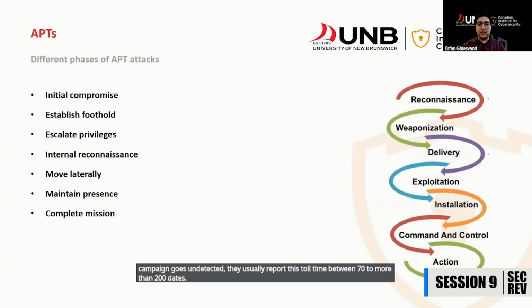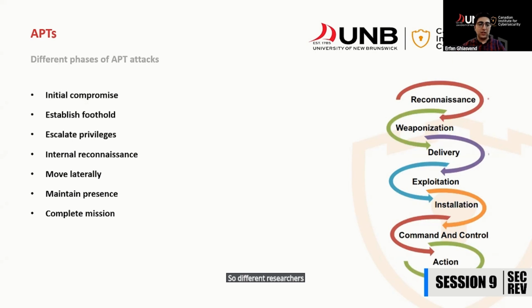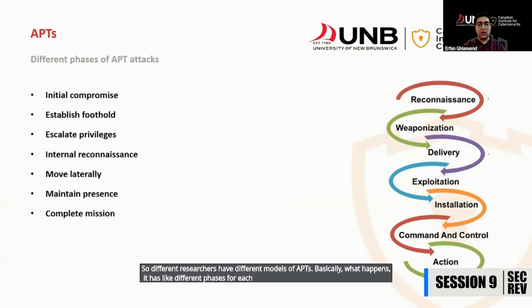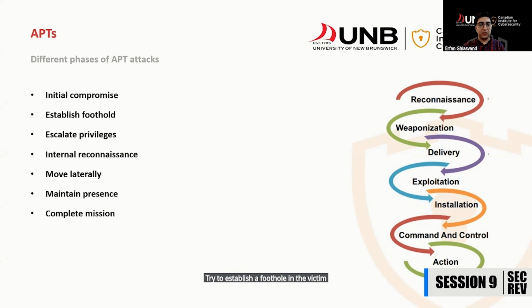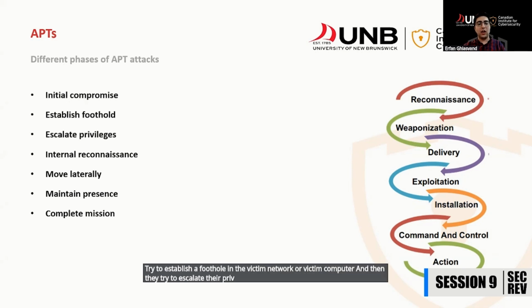Different researchers have different models of APTs. Basically, there are different phases for each of the APT campaigns. For example, one of them starts with an initial compromise of the network. Then the attackers behind these APT campaigns try to establish a foothold in the victim network or victim computer, and then they try to escalate their privileges and gain access to other resources or other devices.